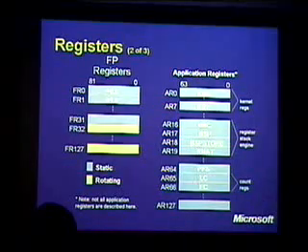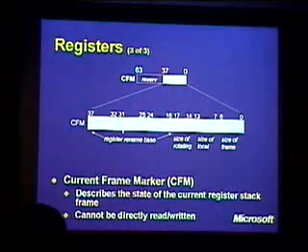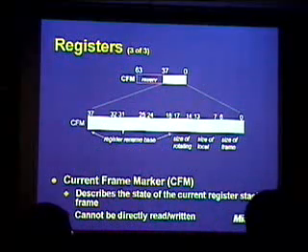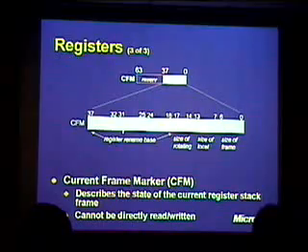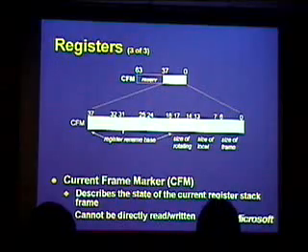This is used in call stacks, and we'll get to that. The current frame marker defines how big the stacked registers are. We have a nice little example, which I stole from Intel, about how that all works. Basically, the only things that are interesting are the size of the local and the size of the frame.